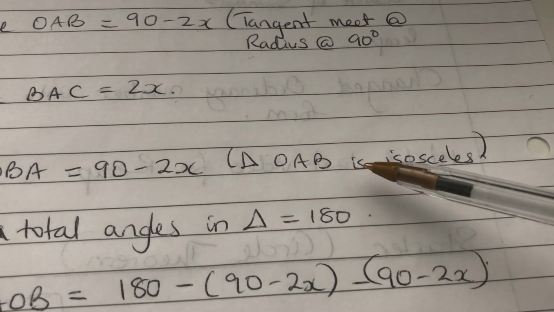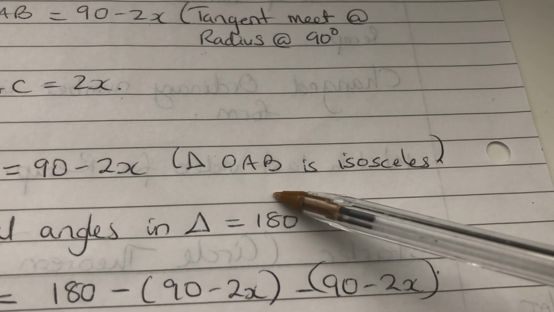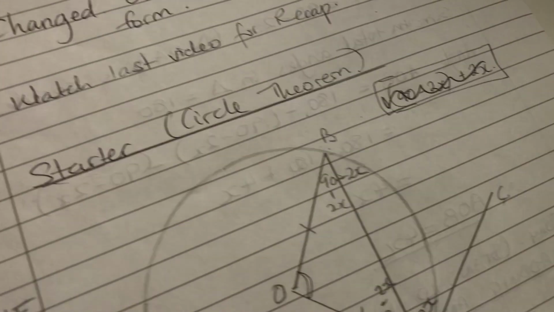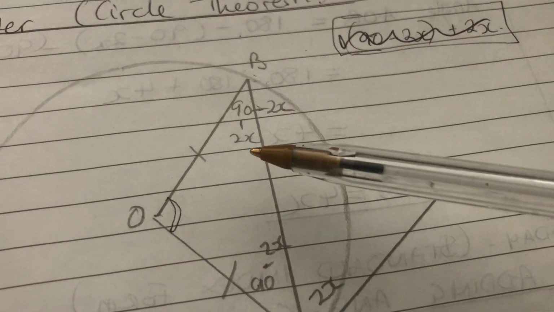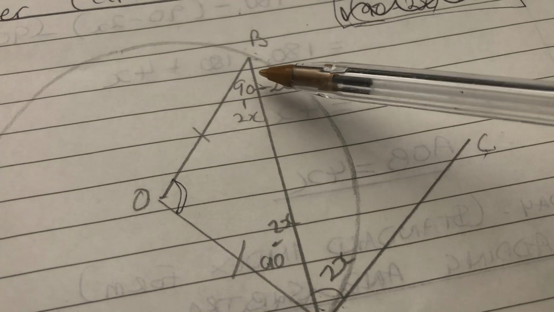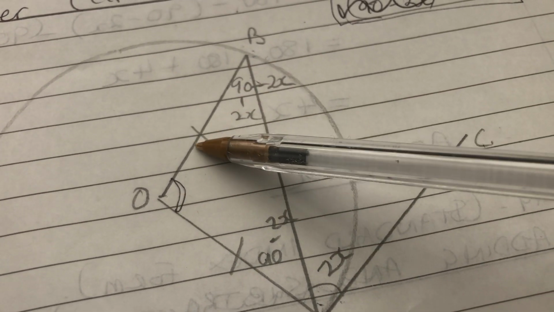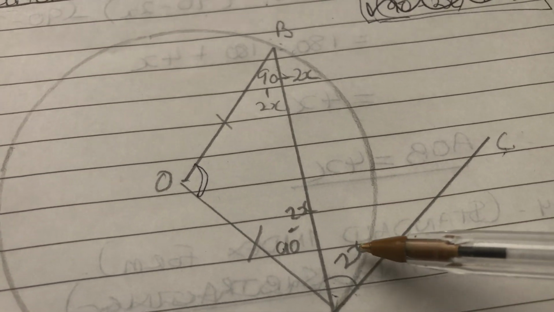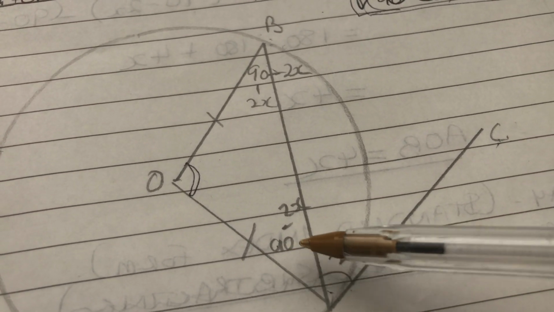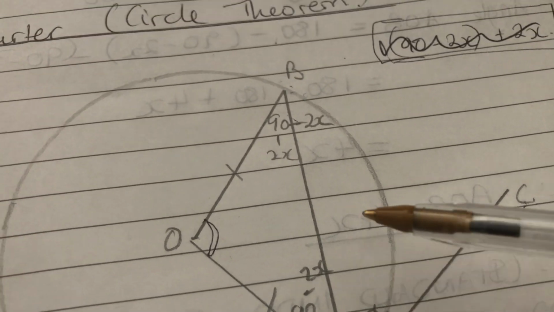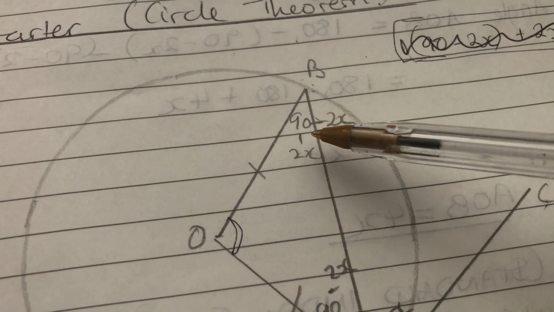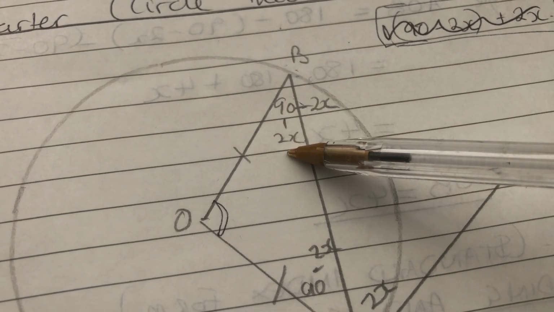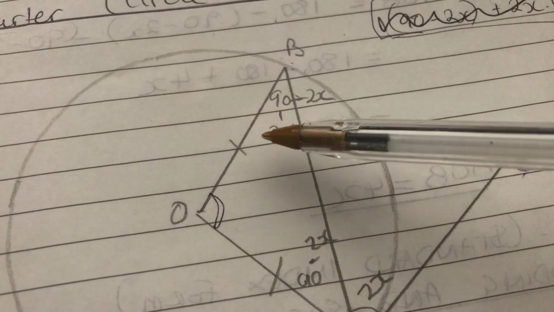And then triangle OAB is isosceles. Because this is joining a chord and is joining from the center, that length and that length will be equal. So if that is 2x, that would be 90 minus x, because that is a tangent. And that is also 90 minus x, because this angle and this angle are equal.